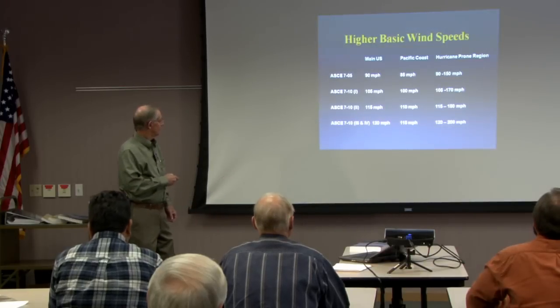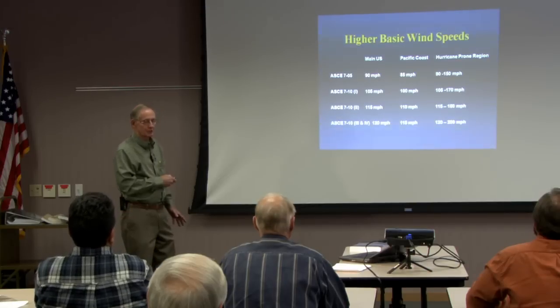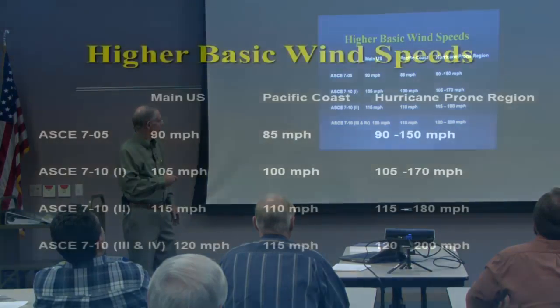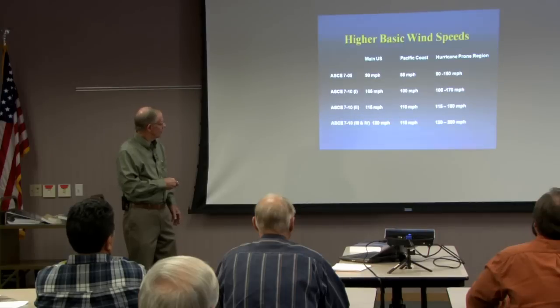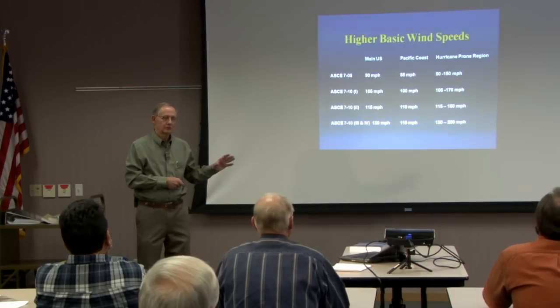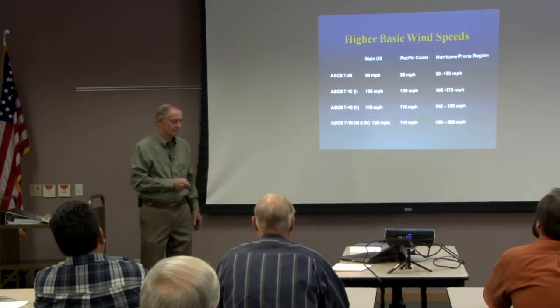In 10, importance factor 1, or in this case risk category 1, using that map, the main part of the U.S. is 105, Pacific coast is at 100, and then we end up with 105 to 170. Now that value can go up to 200 miles an hour in risk categories 3 and 4. So these are substantially higher winds in these cases.